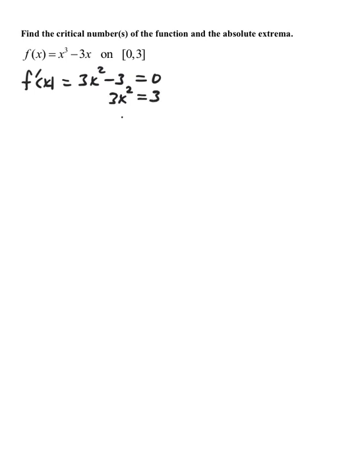when x is either, I'm going to divide by 3, when x is either 1 or negative 1. Don't forget square root property. I'm going to mark both of these critical numbers off, but be careful.